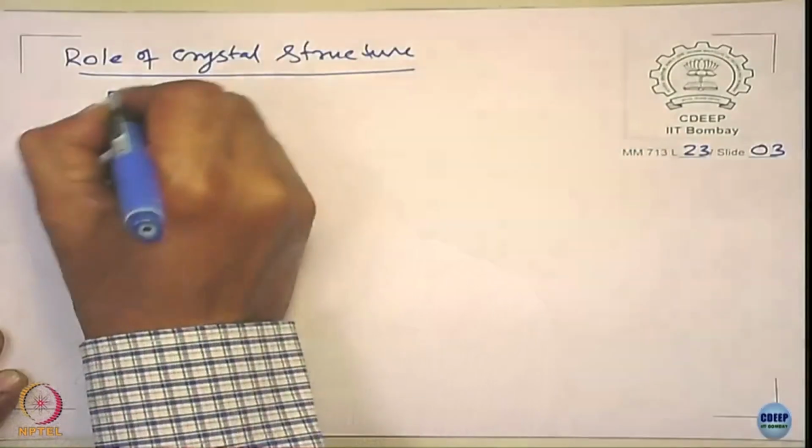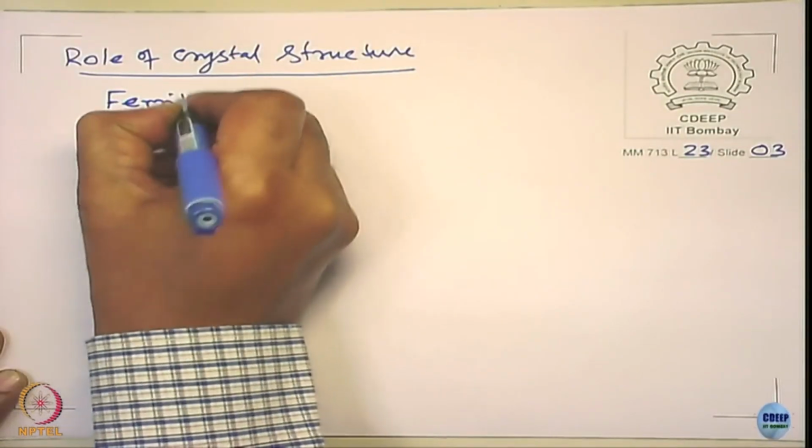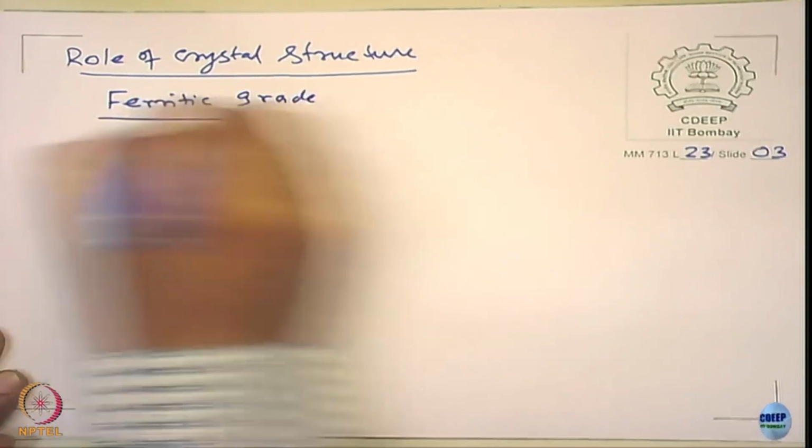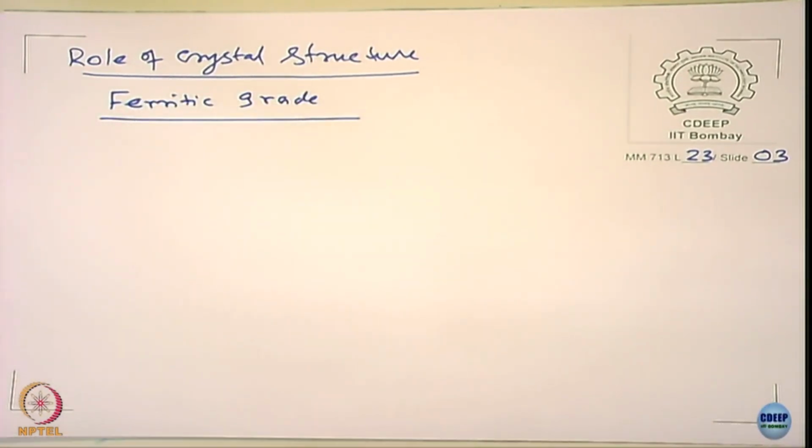So, the remaining ones we should look at how these classes of stainless steels perform with respect to sensitization. Let us take the ferritic grade. Let us look at the ferritic grade now and see how it performs.